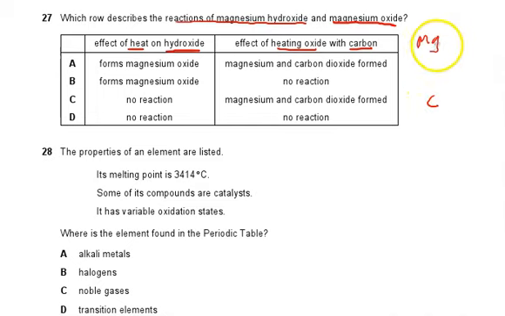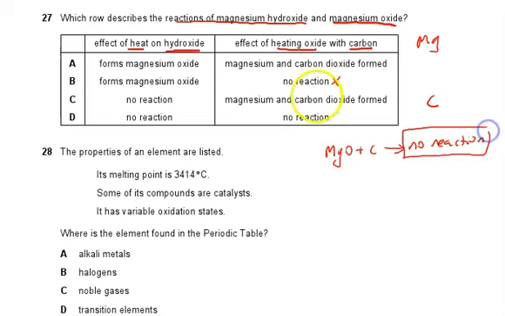Carbon is below, so there will be no reaction, because magnesium is already more reactive than carbon. So it is supposed to be either B or D.